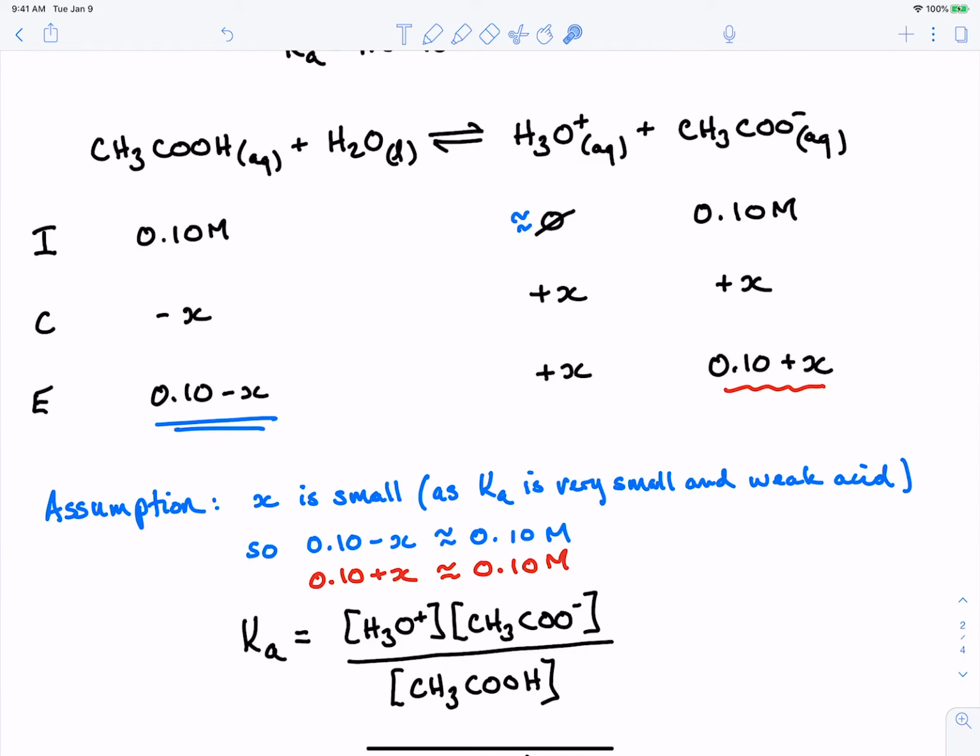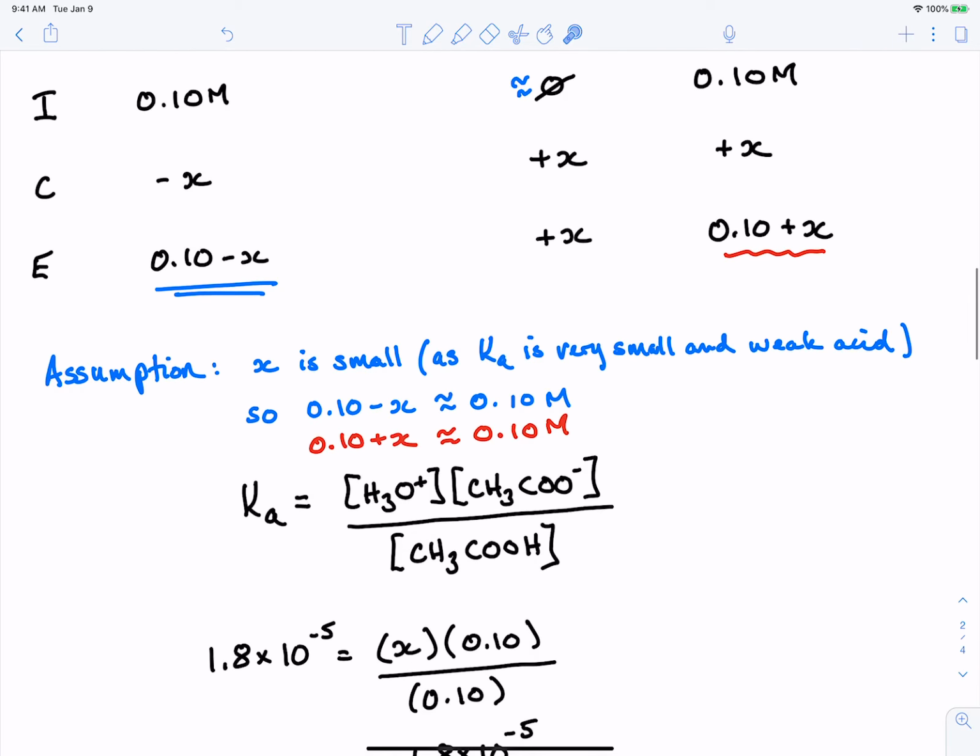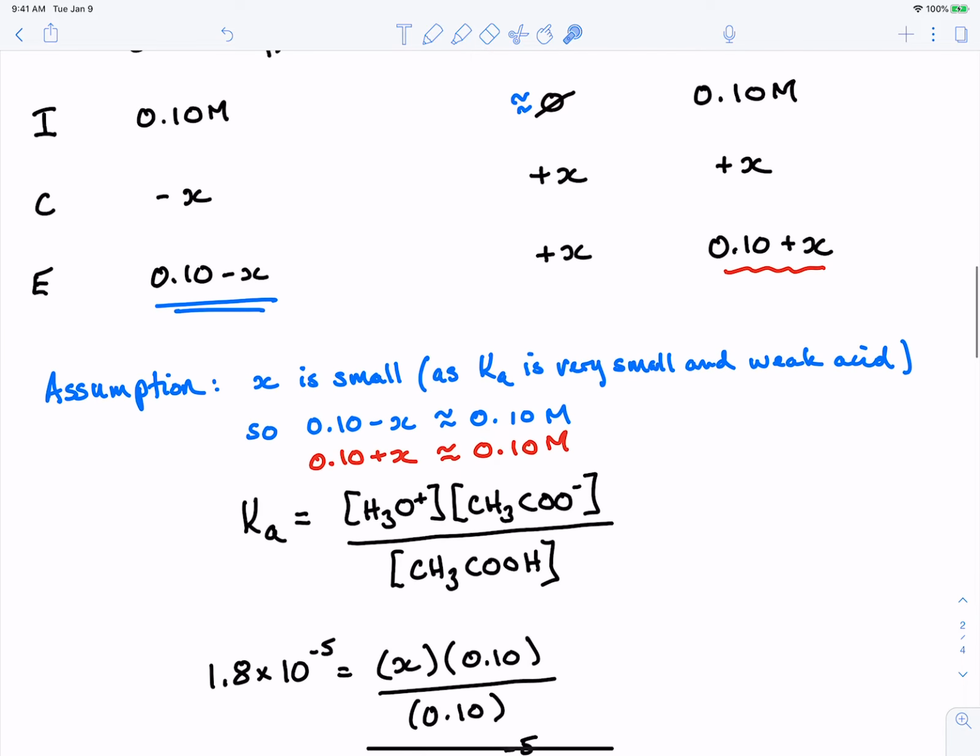If we now take our Ka expression, the hydronium ion concentration multiplied by the acetate ion concentration, divided by the acetic acid concentration, we can plug these numbers in.